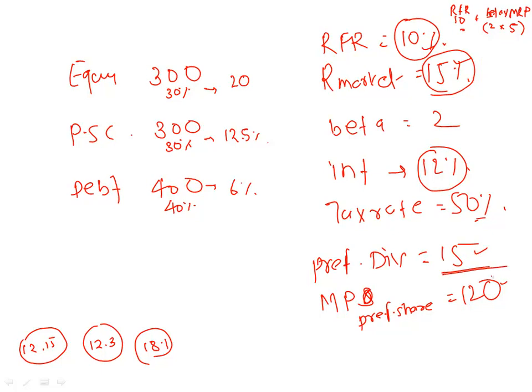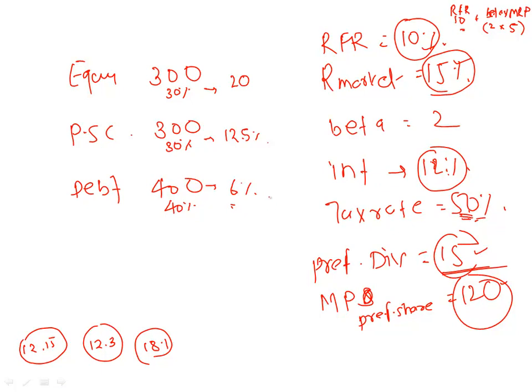Preference dividend 15 divided by 120 is the market price of preference shares. This is your cost of debt. 12% into 1 minus t. 12% into 50%. Is this clear?